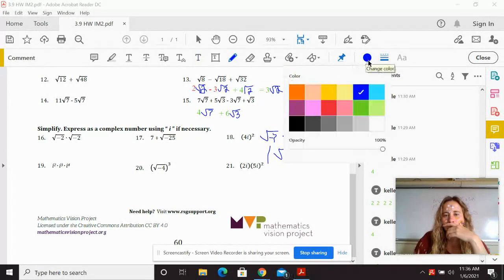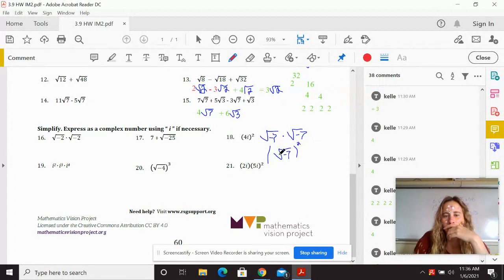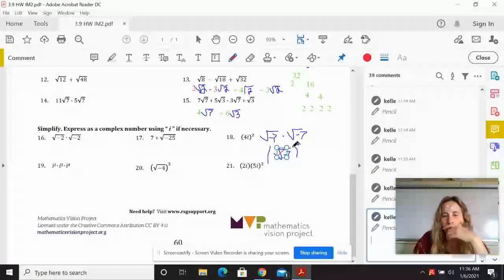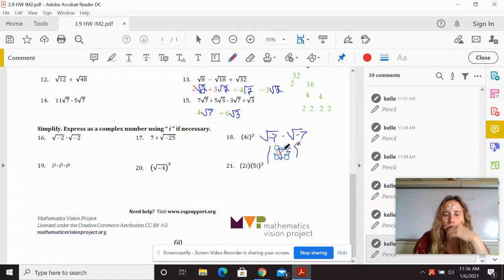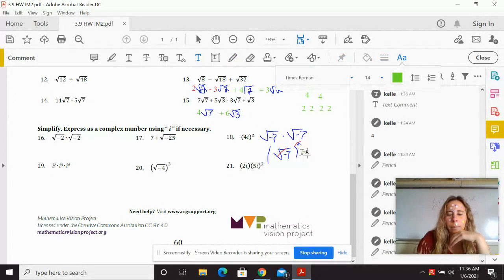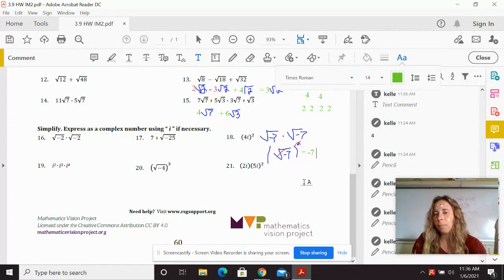Well, the radical, the square root, and the squared cancel out. So you would just be left with -7. So you don't even need to use I for that one. Okay.